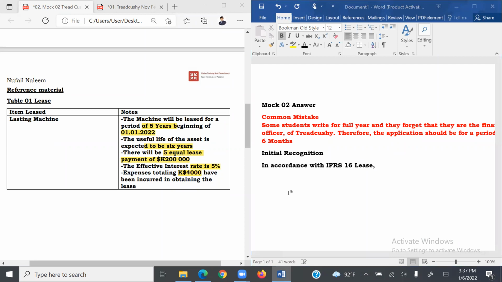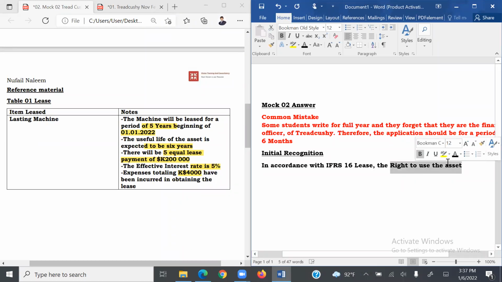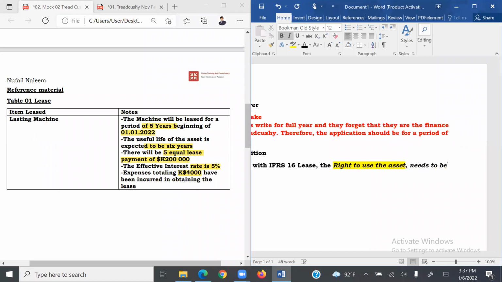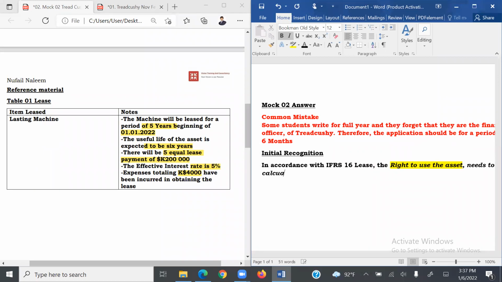In accordance with IFRS 16 lease, the right to use the asset: when you are leasing a property, you don't own it, but you have the right to use it. The right to use the asset needs to be calculated.